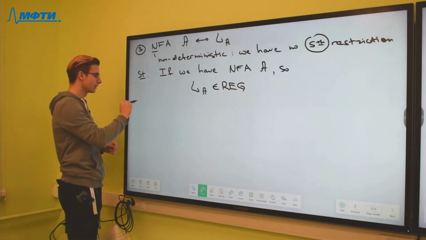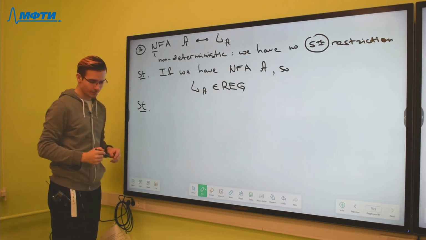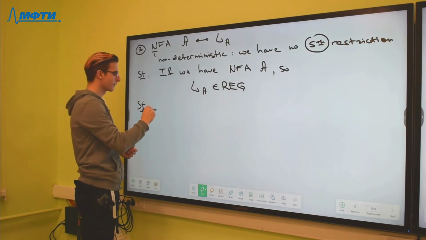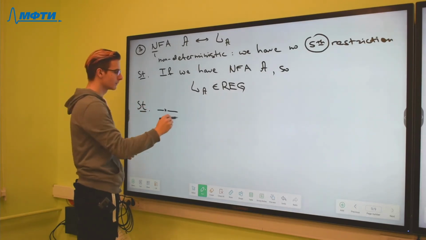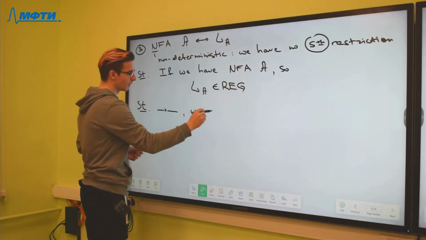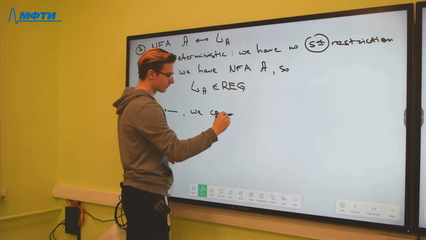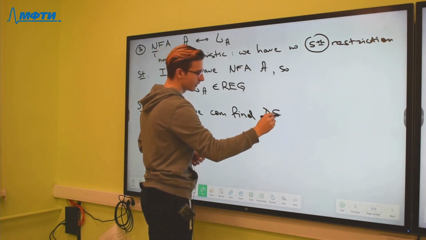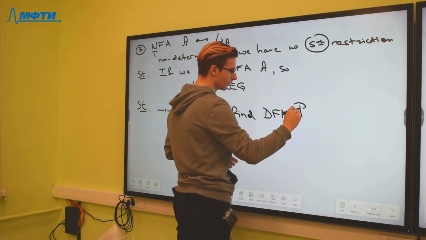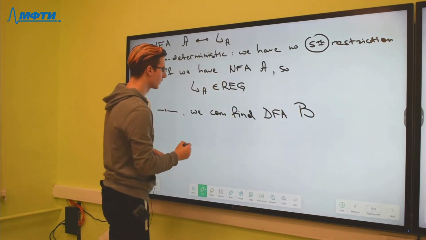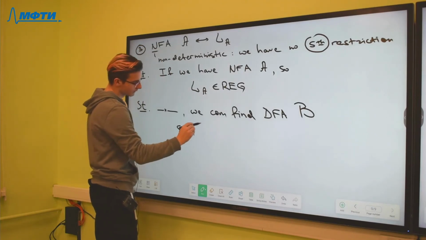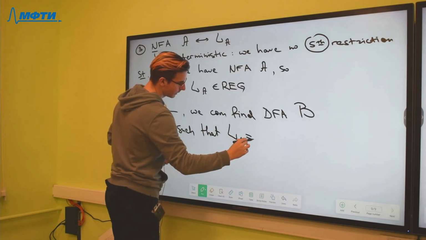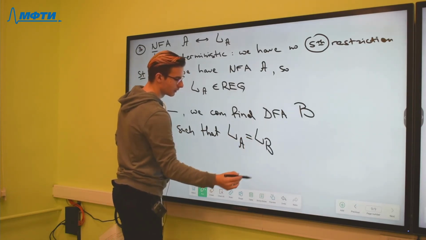And there is another statement: if we have an automaton A, we can find a DFA B such that L(A) equals L(B).